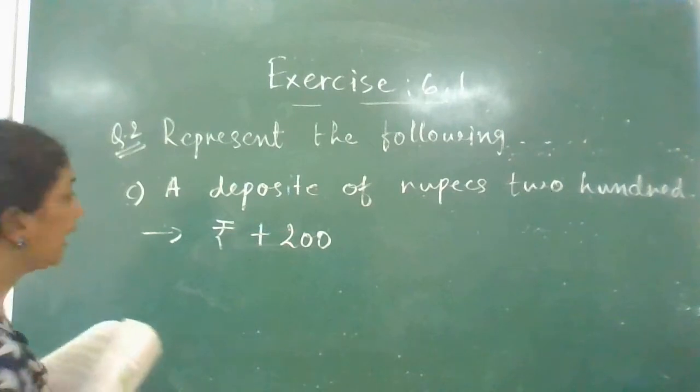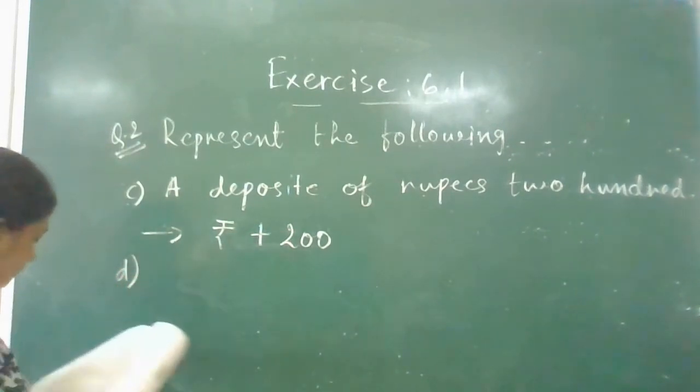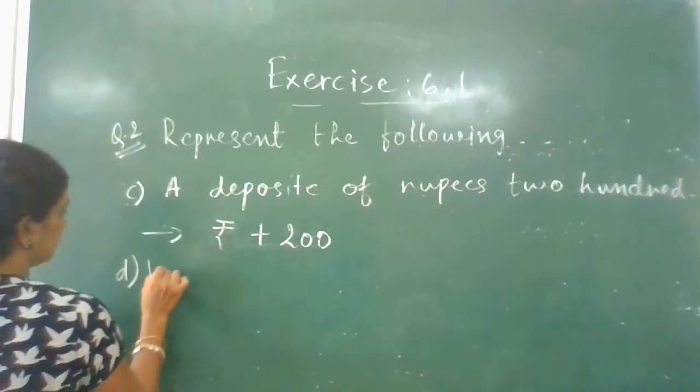Plus 200. Okay, now the D, withdrawal of rupees 700.